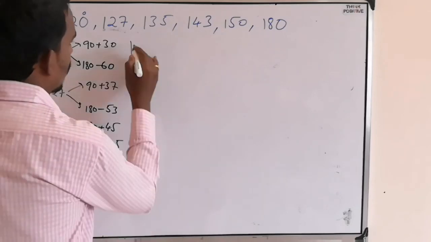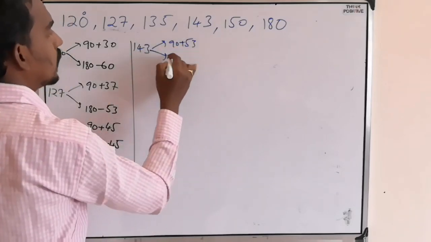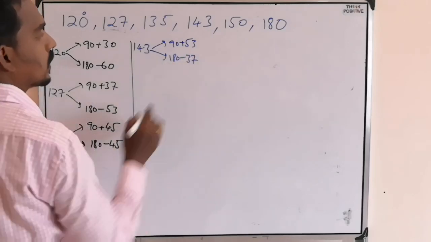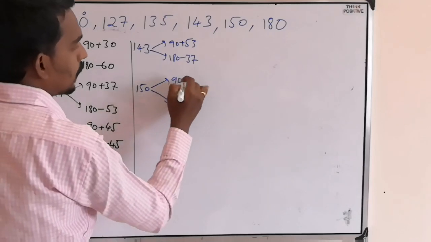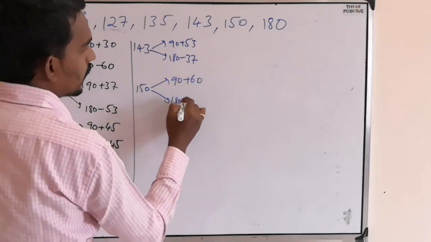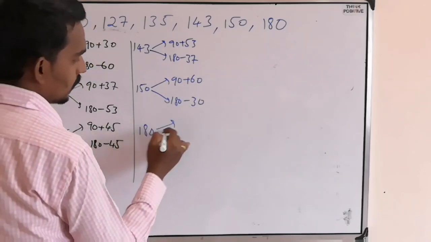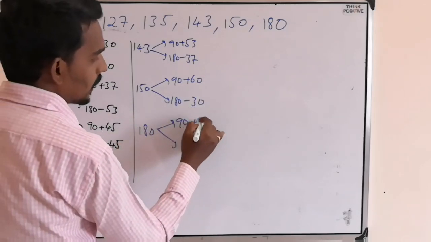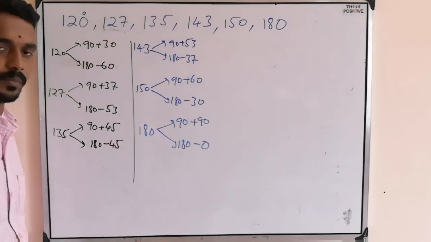Similarly, 143 is 90 plus 53 or 180 minus 37. 150 is 90 plus 60 or 180 minus 30. And 180 you can write as 90 plus 90 or 180 minus 0.